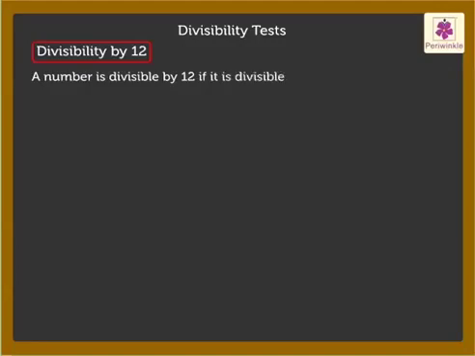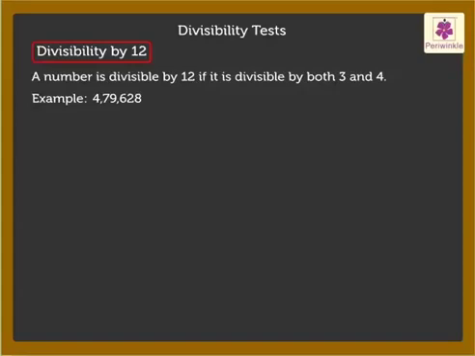Divisibility by 12. A number is divisible by 12 if it is divisible by both 3 and 4. For example, look at the number 4,79,628.